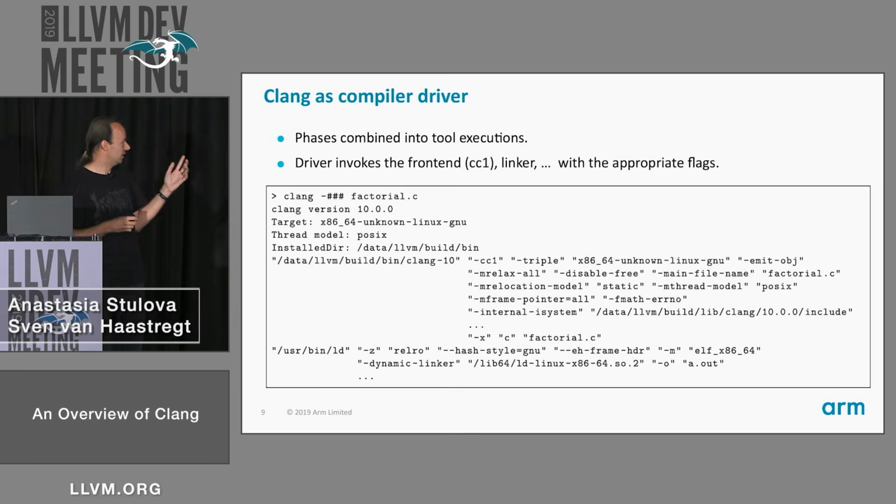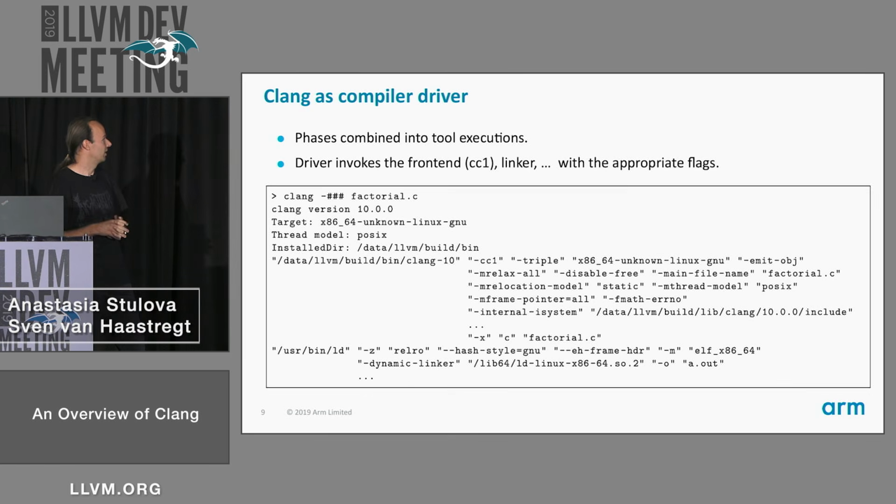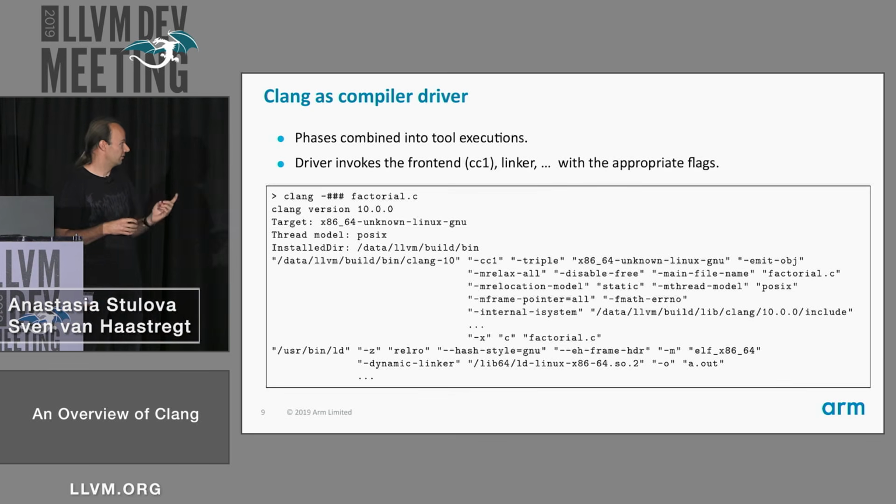What you see here is that it has condensed this whole pipeline down into 2 steps. Namely, first it's going to run the cc1 front end, which is going to take the C file and run on that. And you see that it's passing a whole lot of options. The initial invocation is just clang factorial.c, and from that it's expanding it into a whole lot of options, like first of all calling cc1, instructing Clang that we now want to run the front end.